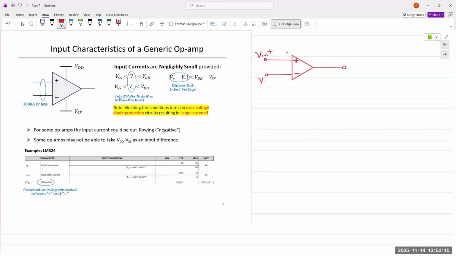V in plus, V in minus. The plus is known as the non-inverting input terminal, and the minus is labeled as the inverting input.